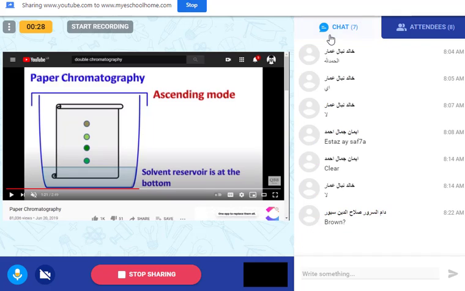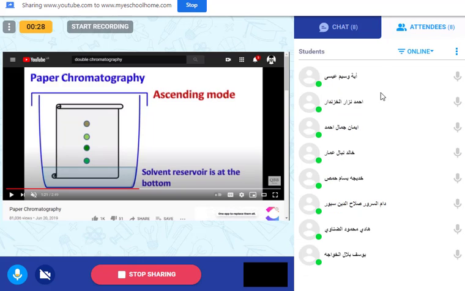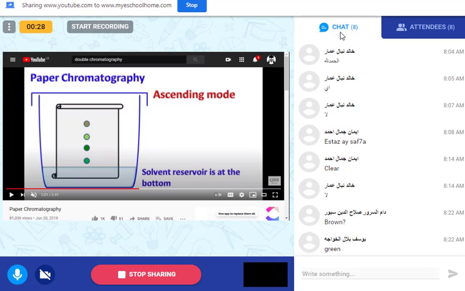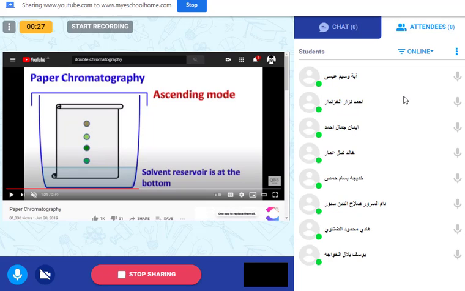Let me see who gives me an answer. The brown. Why, Adam, you say the brown is the smallest? Why do you say the brown is the smallest amino acid?